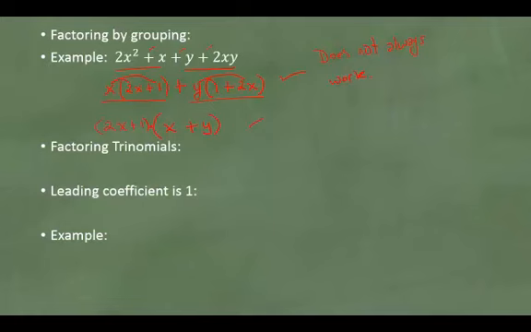In other words, factoring three terms. 1, 2, and 3. And we will, for the most part, be focusing on quadratic trinomials. So things of the form x squared, something with an x in it, and some number. So maybe like ax squared plus bx plus c.